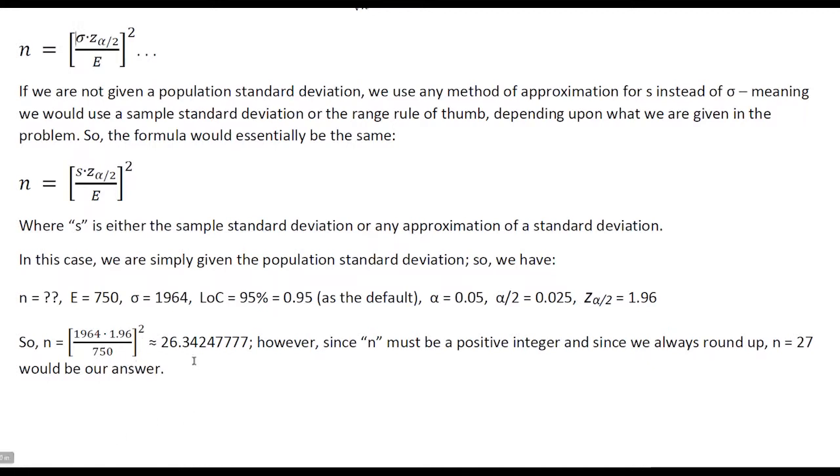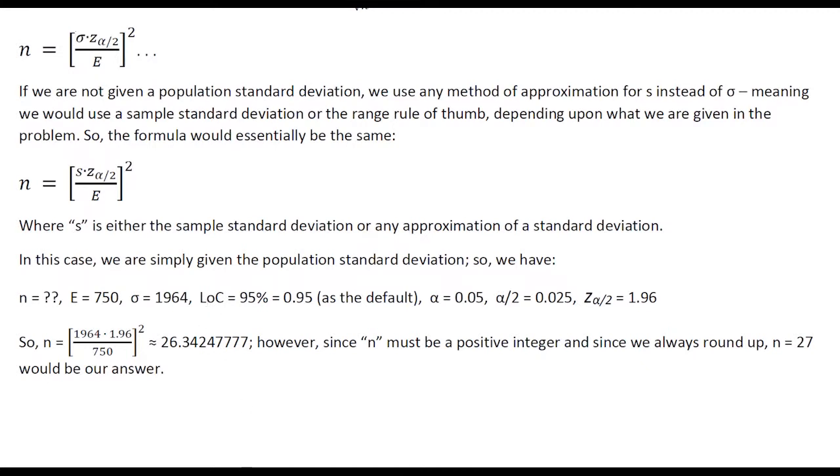Well, that gives me approximately 26.34. But remember, this is n, and n has to be a positive integer. So this is saying that 26 would not be enough teacher salaries to survey, but 27 would be. So we round up to 27, and that would be our answer.